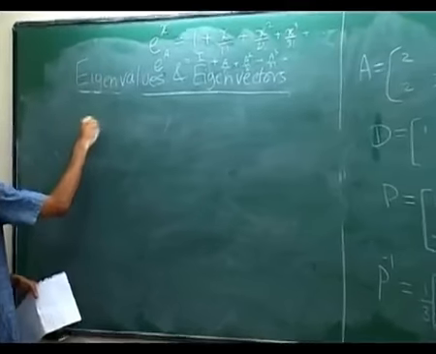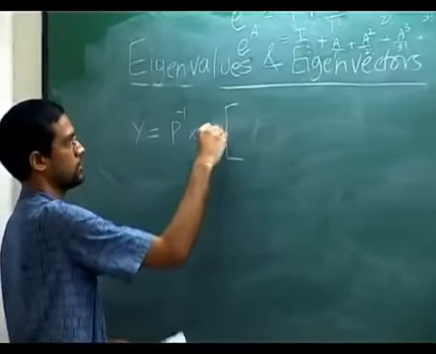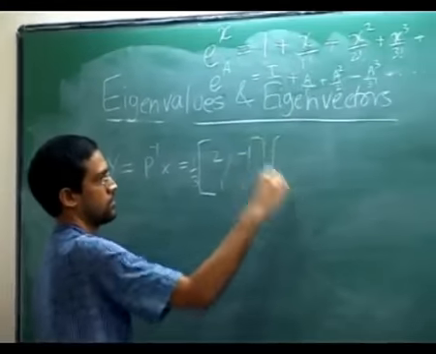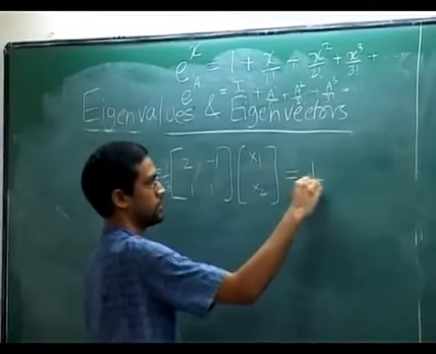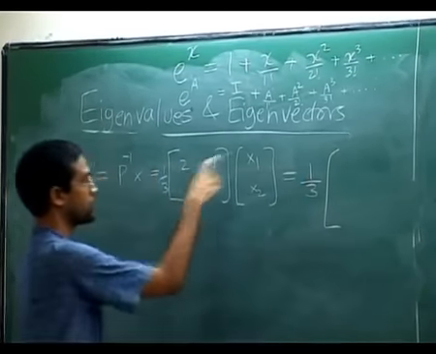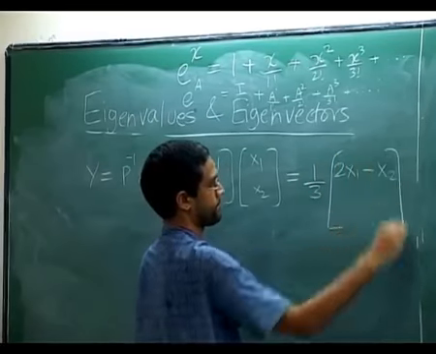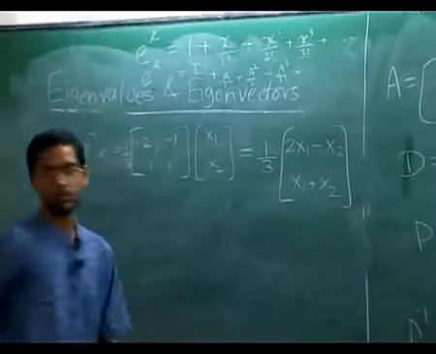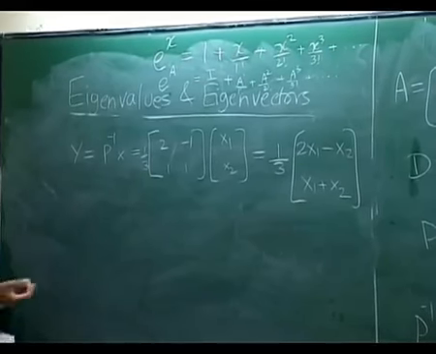P inverse is 1/3 times the matrix 2, minus 1, 1, 1, times x1, x2. So I get 1/3 times 2x1 minus x2, and x1 plus x2. I've just done P inverse times x, and that's my answer.